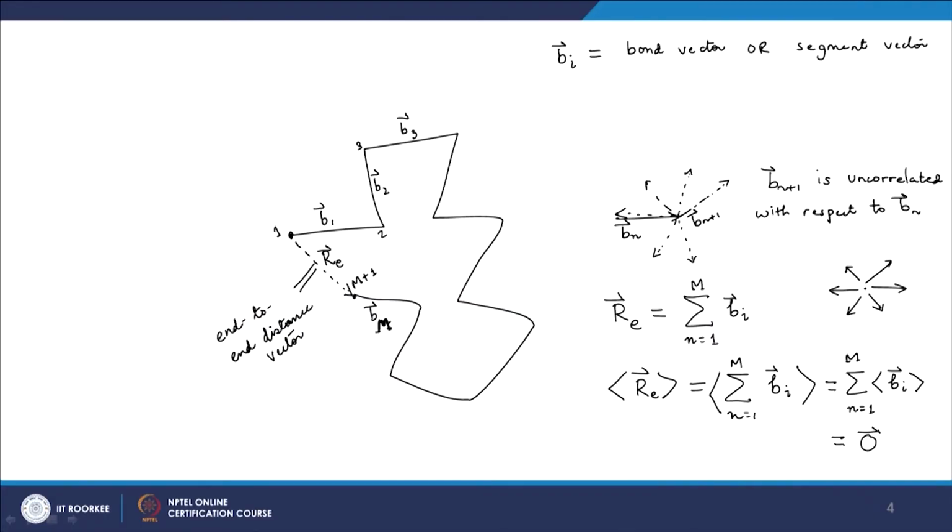Okay. So, it is equally probable to have this conformation as the opposite of this, where we have the end to end distance vector as minus Re. Okay. So, there is no real difference between this conformation and that conformation. So, if I average over the bond vectors, I must get a 0 vector. Okay. Now, this will not be true if I try to compute the mean squared end to end distance.